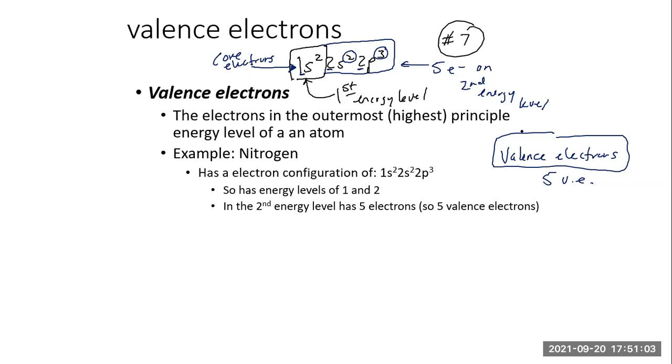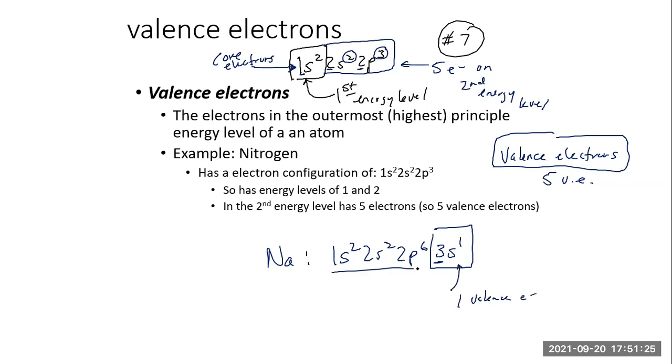Now, you absolutely could write the electron configuration for everybody to figure these things out. For example, we just looked at sodium, which was 1s2, 2s2, 2p6, 3s1. Here, 3 is the highest number, which means that sodium would have 1 valence electron. The rest of these would be our core electrons.